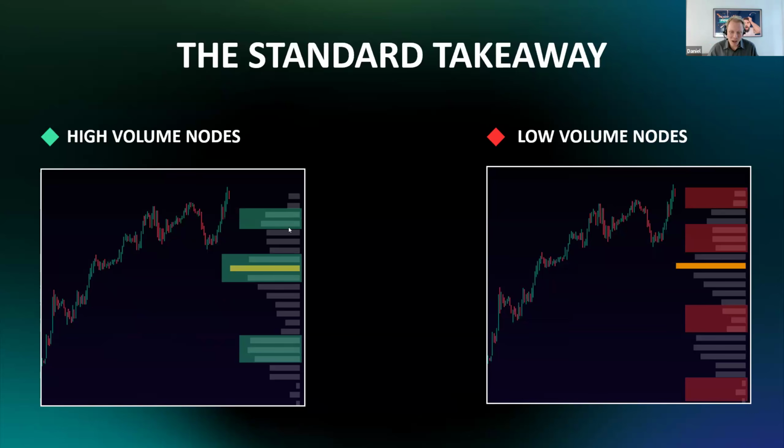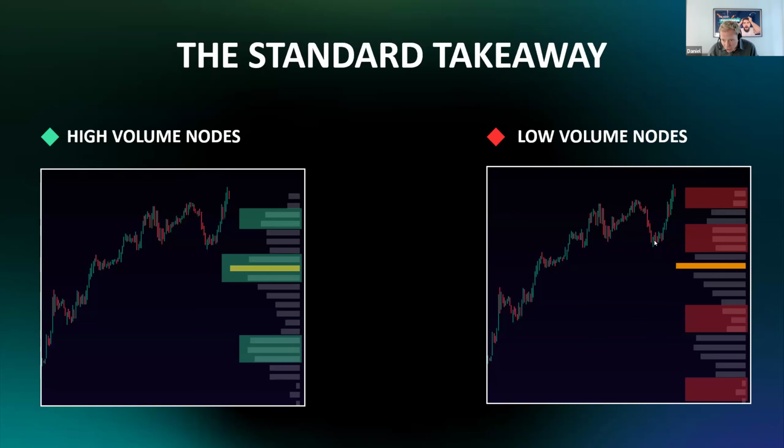And of course, the question now is, once I know what these areas are, where there's a lot of trading volume or a little trading volume, what can I extract from this in terms of insights for the future? Well, one insight is, and we're going to get to this topic in a second, in areas with a lot of volume at these high volume nodes, price seems to slow down. It seems to hang out in these areas.